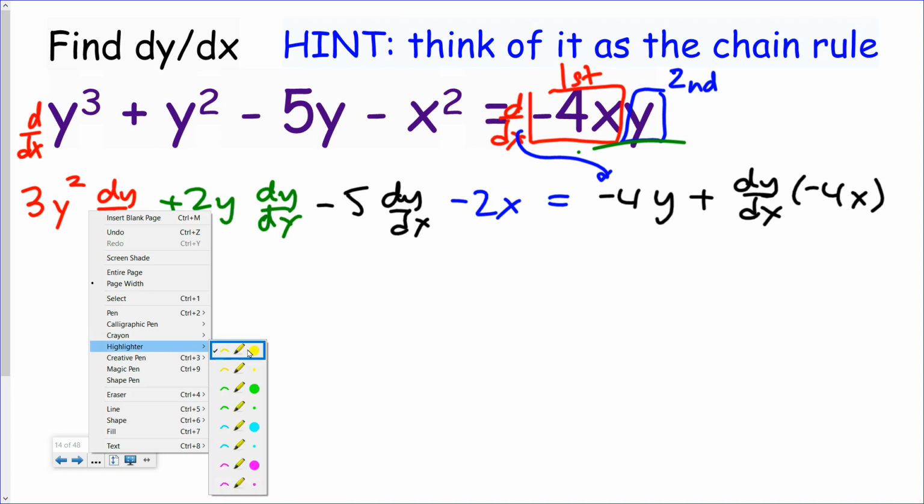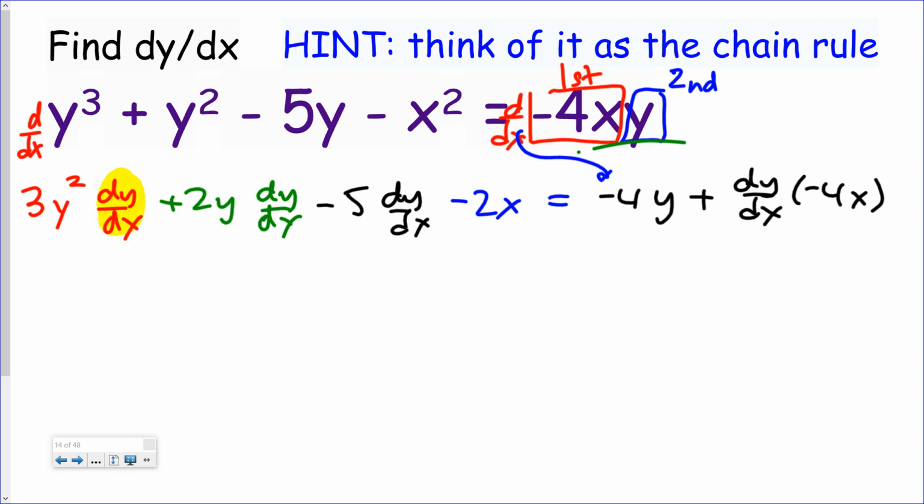All right? So then from here, guys, you do exactly what you did on the other problems, which was you isolate what? dy/dx. So try to figure out how to isolate all your dy/dx's. Any term that doesn't have a dy/dx, so there are two of them, keep them on the right. Any term that does have a dy/dx, move it to the left.